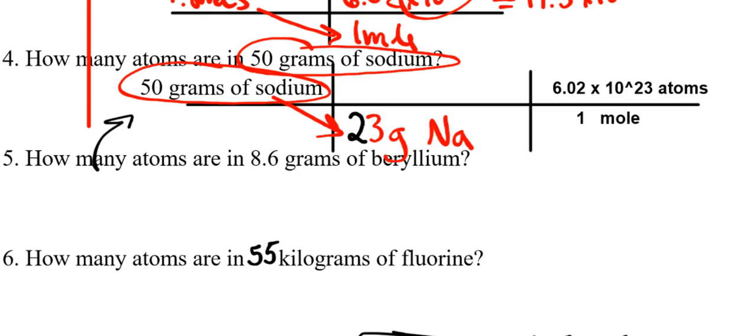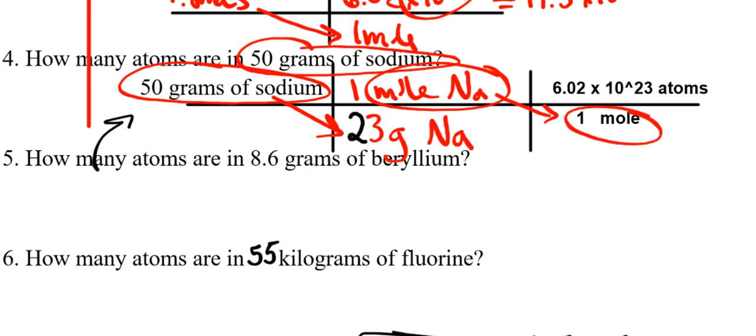We have 23 grams of Na per every 1 mole of Na, because that's what we always have when we find a number on the periodic table. It's per 1 mole. And then I would have to put moles down here, which is already there, and then Avogadro's number on top. So now I definitely can't do this in my head. I can get close, but you would take 50, multiply it by 6.02, and then divide it by 23.